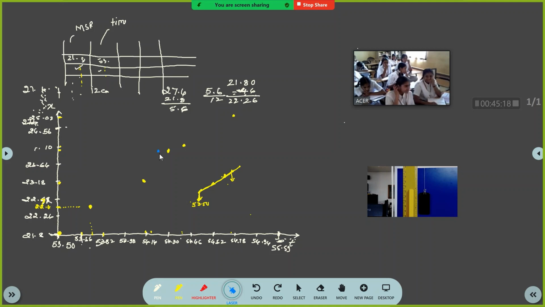Now the 5th point: it has gone crooked, it goes like this, straight to the right side. Okay, so that means from this point to the 4th point it is a straight line, correct?